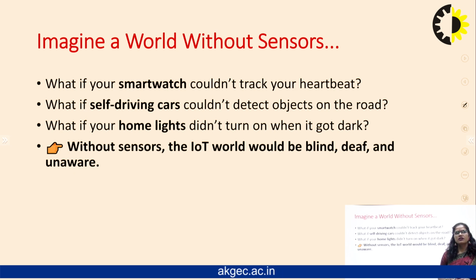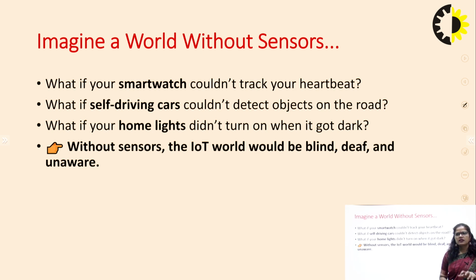What if you did not have a smart watch? How could you track your heartbeat? Today every person has a smart watch, and why? Because they want to track their heartbeat and some health dimensions, right?